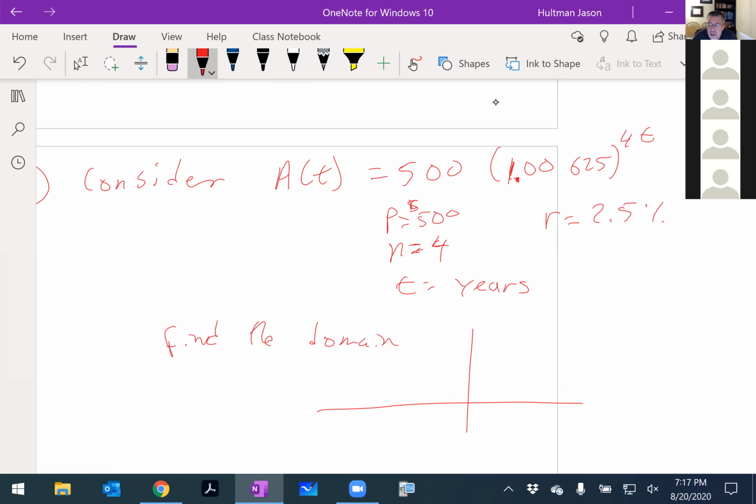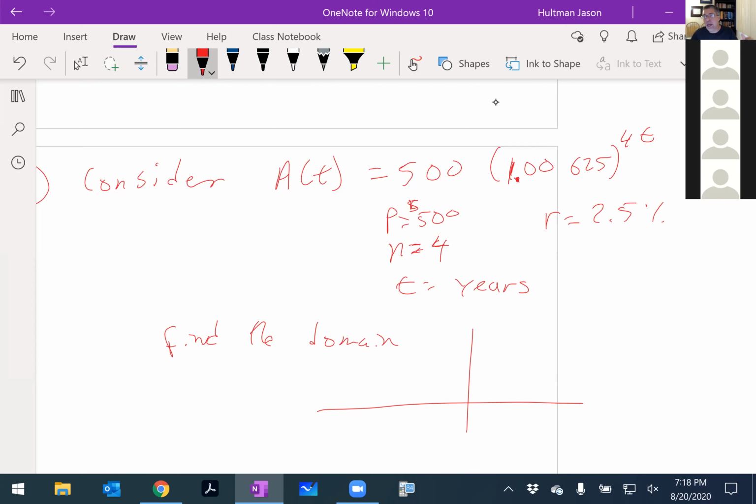Okay, can you predict what happened in the past based on current events? If I said time was now at 2020, and based on the interest that I'm making currently, could I go backwards and see what my bank account would have had 4 years ago?